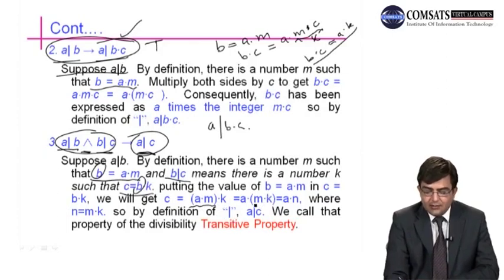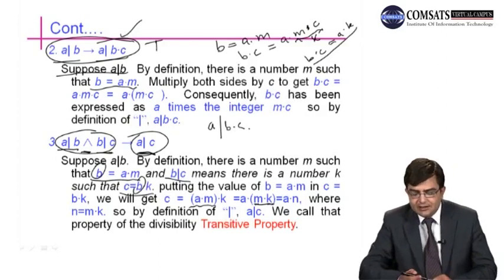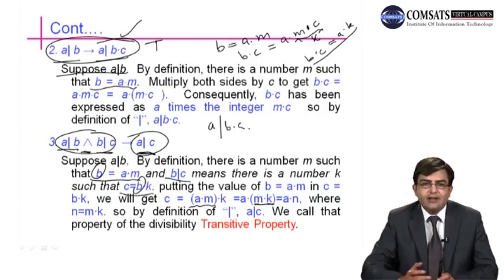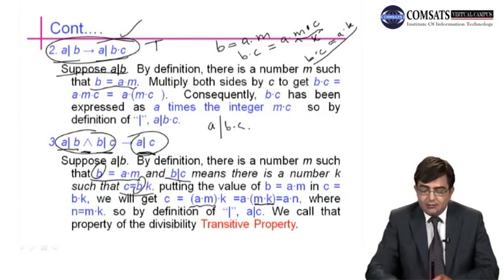So m into k, if we suppose m into k, because m is an integer, k is an integer, so the product of an integer is again an integer. This is another result. So m into k can be written as n.